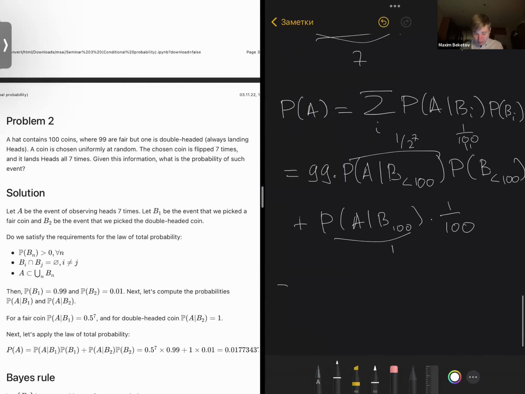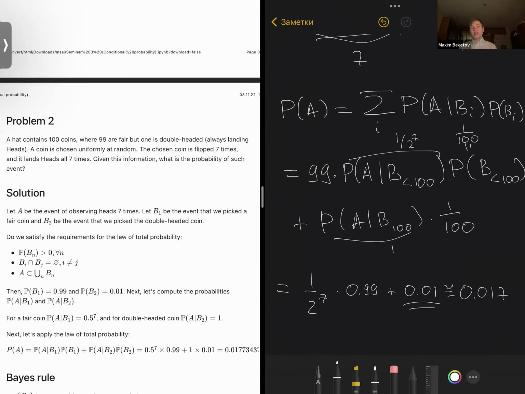1 over 2 to the power 7 times 99 over 100, so 0.99, plus 0.01. So the answer apparently is approximately 0.017. So just a tiny bit larger than 1 out of 100.